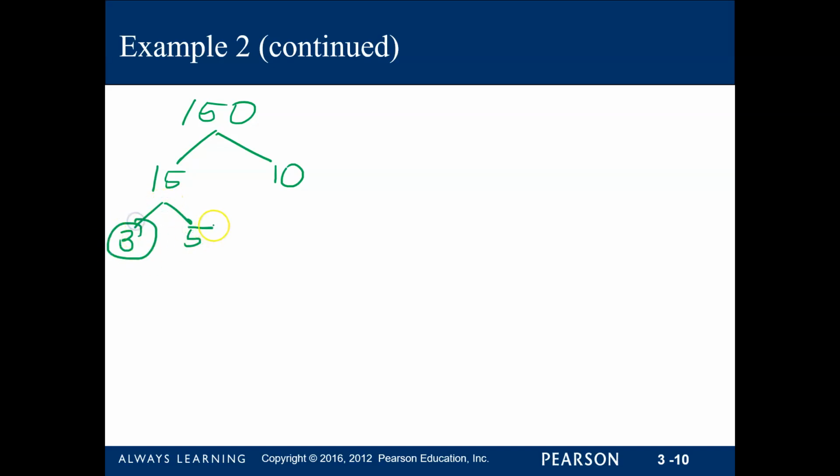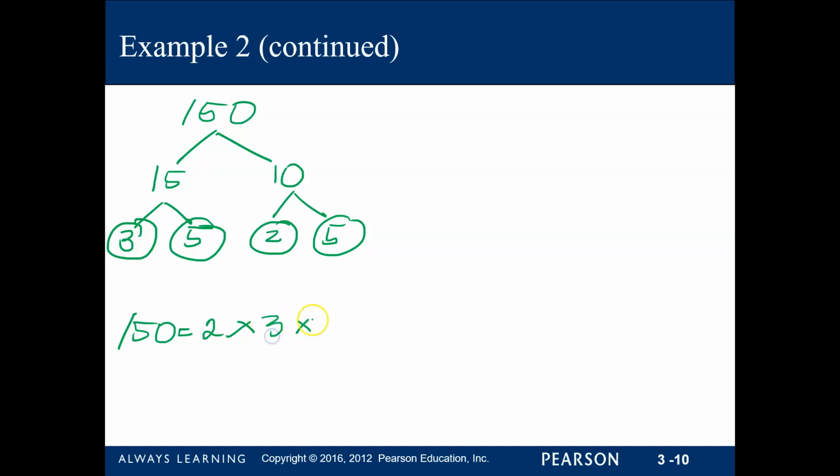And 3 and 5 are both prime numbers already. 10, on the other hand, could be simplified to become 2 and 5, which is also prime. So in this case, 150 is simply the product of 2 times 3 times 5. How many 5s do you see? 1, 2. So 5 squared.